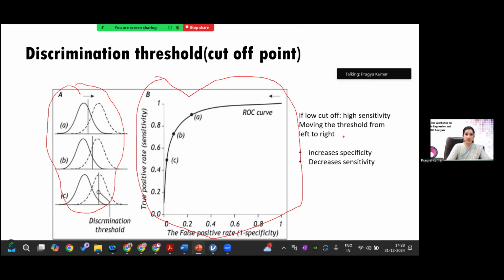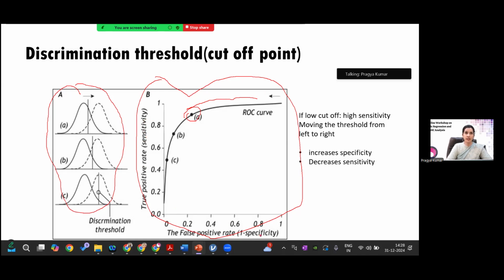You increase the sensitivity. Here you can see the graph is moving like this, and this point A is having the highest sensitivity. Why? Because on the y-axis it is the true positivity rate or sensitivity, and here it is the false positivity rate or 1 minus specificity.